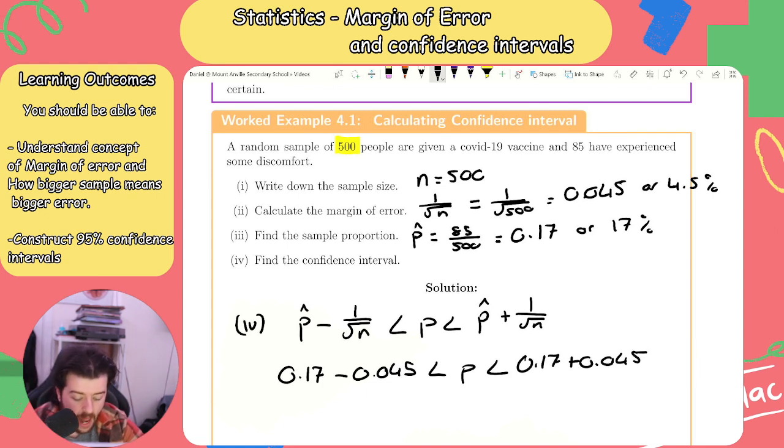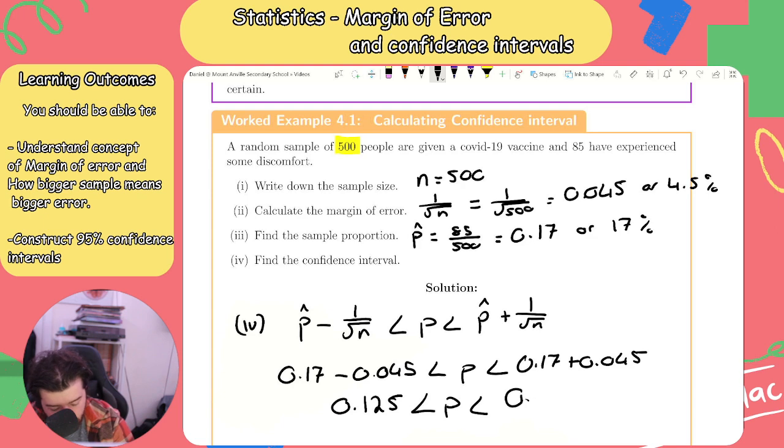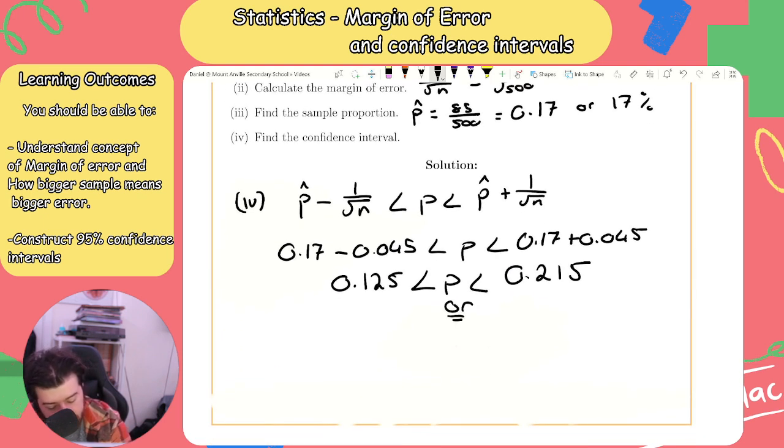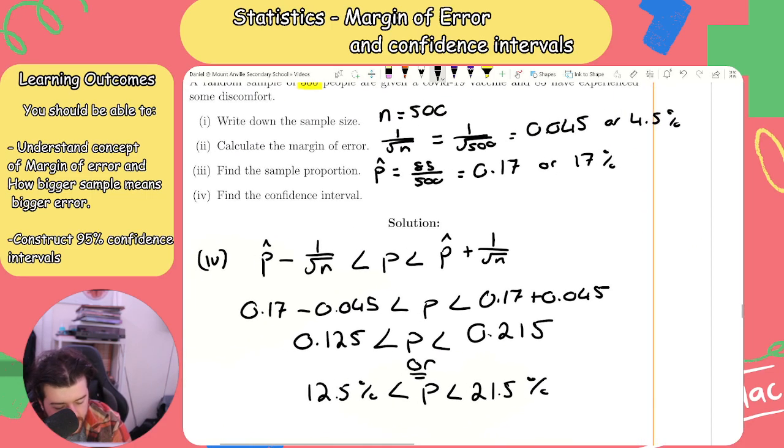My left hand side should equal 0.125 and my right hand side should equal 0.215. Or if we change them to percentages, 12.5% and 21.5%.